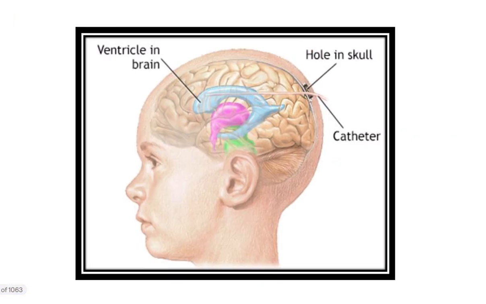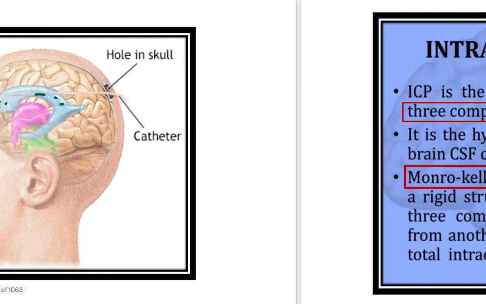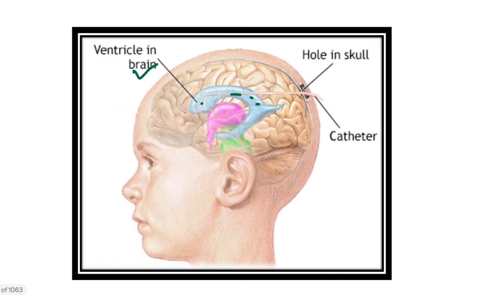Here we can see the different types of ventricles in the brain, such as the lateral ventricle, third ventricle, and fourth ventricle. Different types of ventricles are present and CSF is present, and the intracranial pressure is measured by the difference of three important parameters.